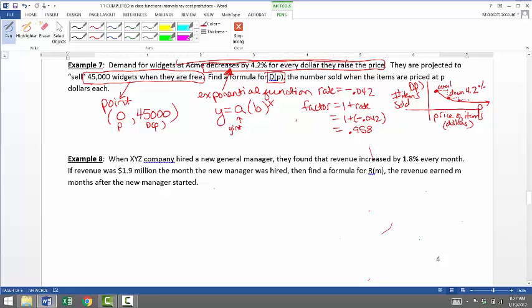And b is the factor, which is our 0.958. So for our function, it's D of P equals 45,000 times 0.958 raised to the, instead of raising it to the x, remember it's a P, 0.958 raised to the P power.